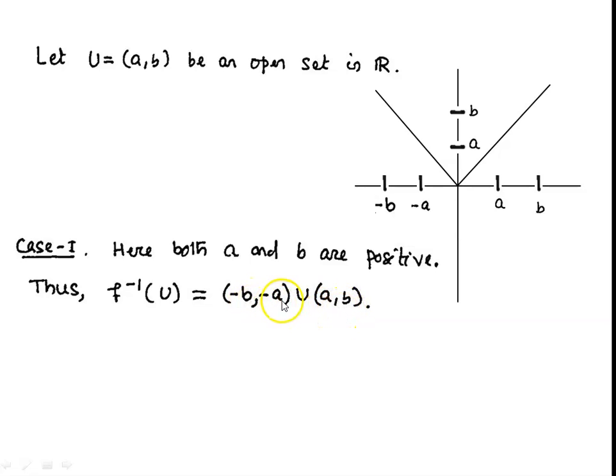And since this is union of two open intervals, and we know that union of two open intervals is an open set in R, F inverse U is open in R.